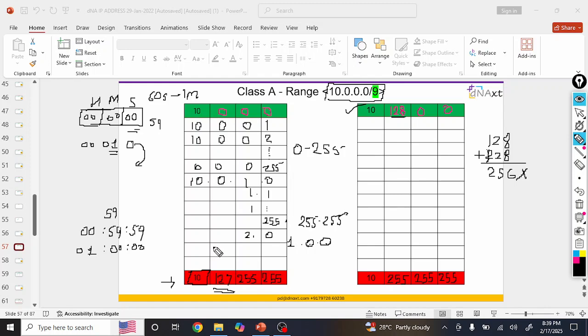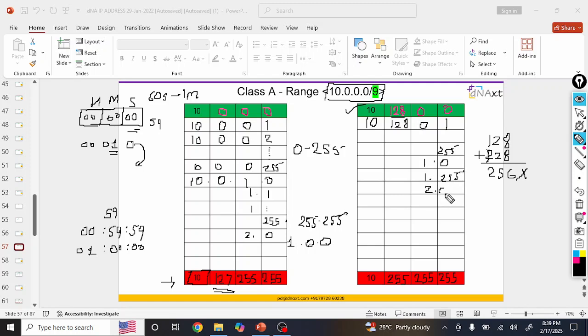83,88,608 IP addresses. Here also, the first valid IP address will be 10.128.0.1, 0.2, 0.3 till 0.255. Then it will become 1.0, 1.1, 1.2 till 1.255.